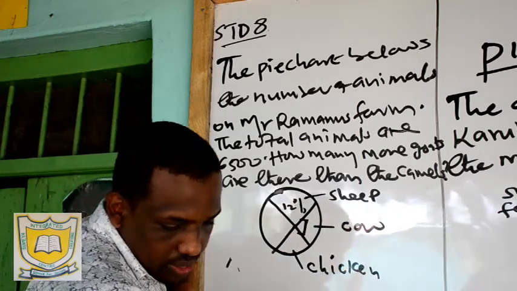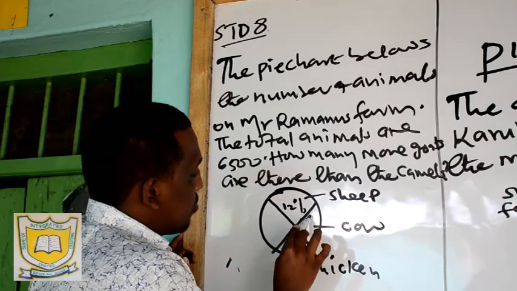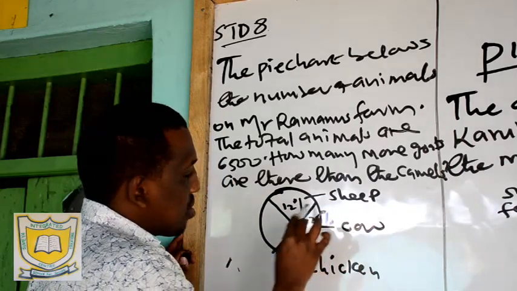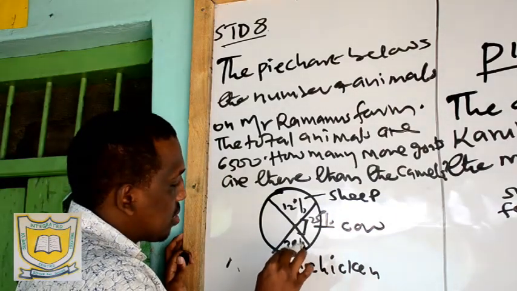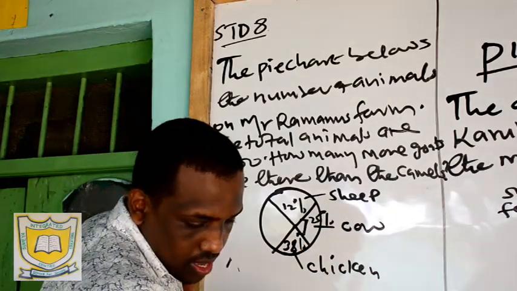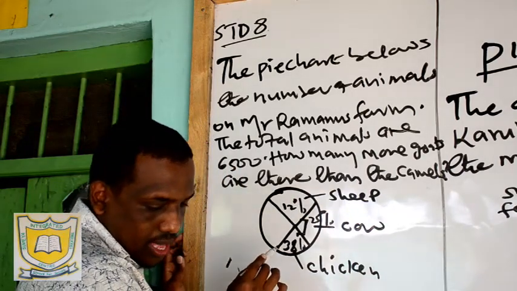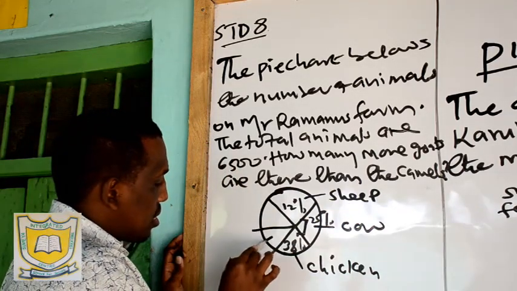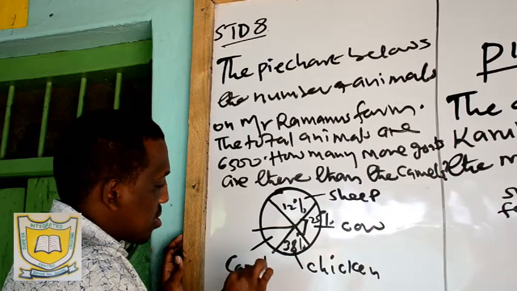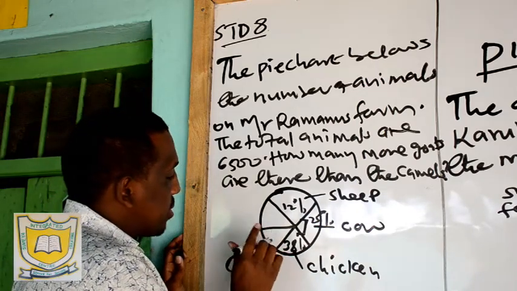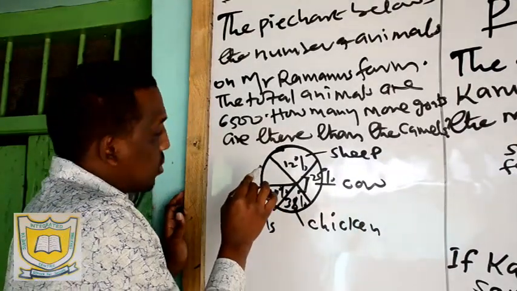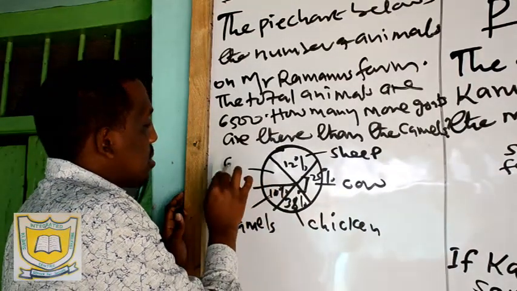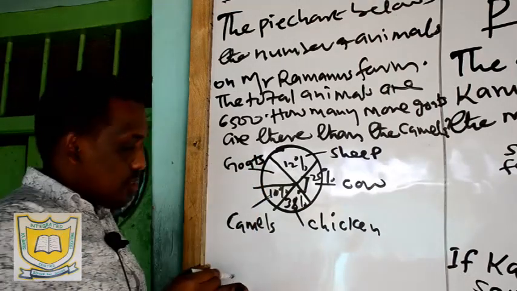Here is 25%. Here we have 38%. Here we have camels, 10%. Here we have goats.